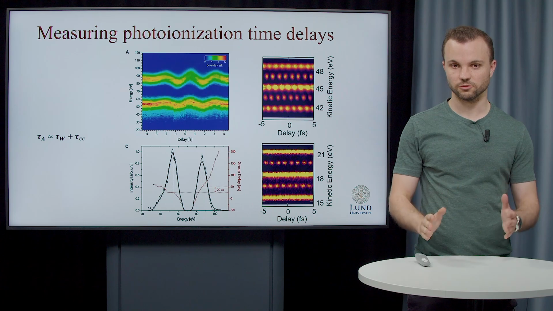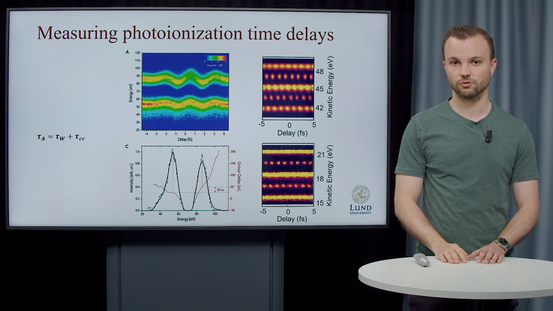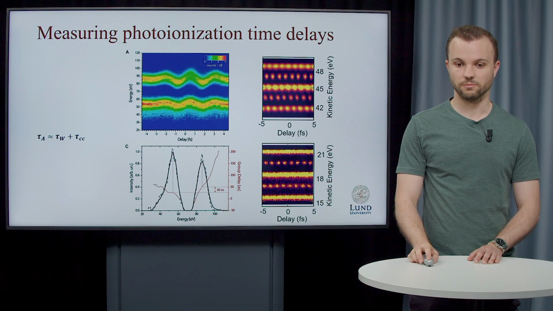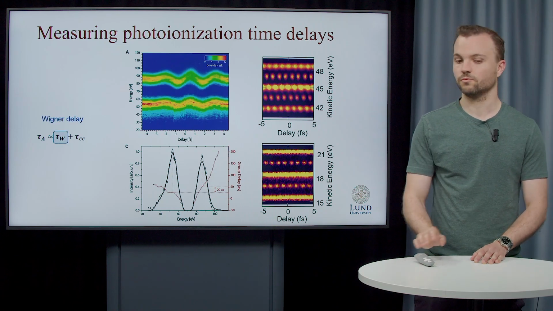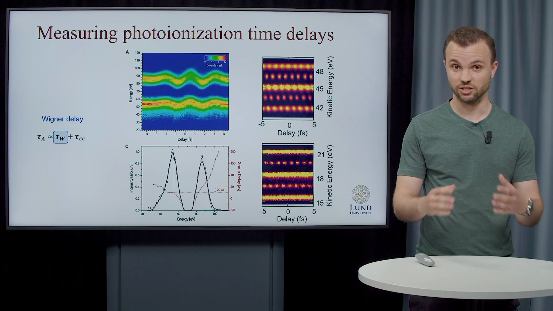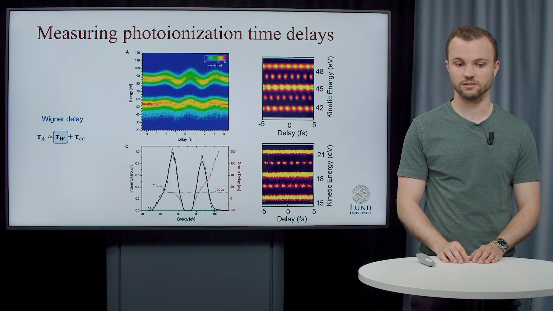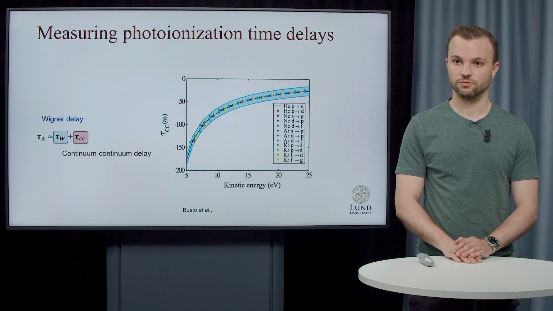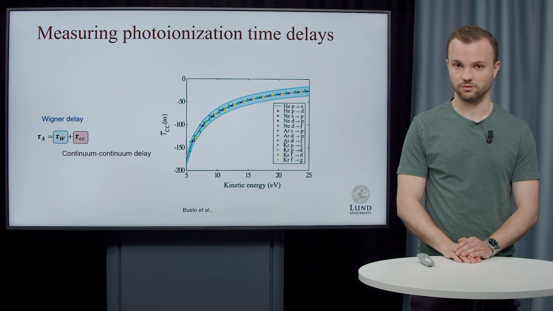At this point, it is important to mention that neither the RABBITT nor the streaking techniques give direct access to the Wigner delay. The delay that is measured using this technique is known as the atomic delay, which in atoms can be decomposed as the Wigner delay, which is target specific and heavily depends on the exact shape of the potential in which the electron propagates, and a continuum-continuum delay, which is universal and is the same for all the atoms.